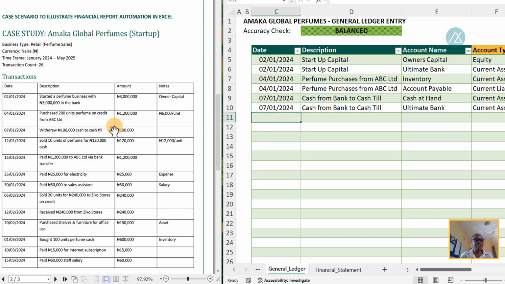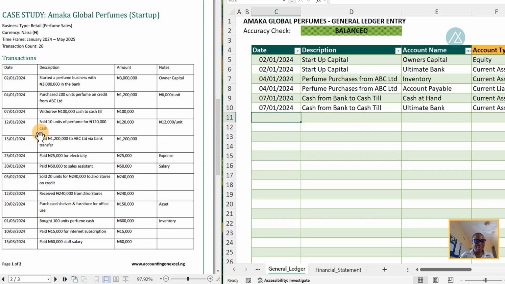So let's move ahead. We'll just pick a few transactions again, so that this video will not be long and you get it once and for all. So it says on the 12th of January, sold 10 units of perfume for 120. I want us to pay attention. Sold 10 units. Mind you, we purchased 200 units.